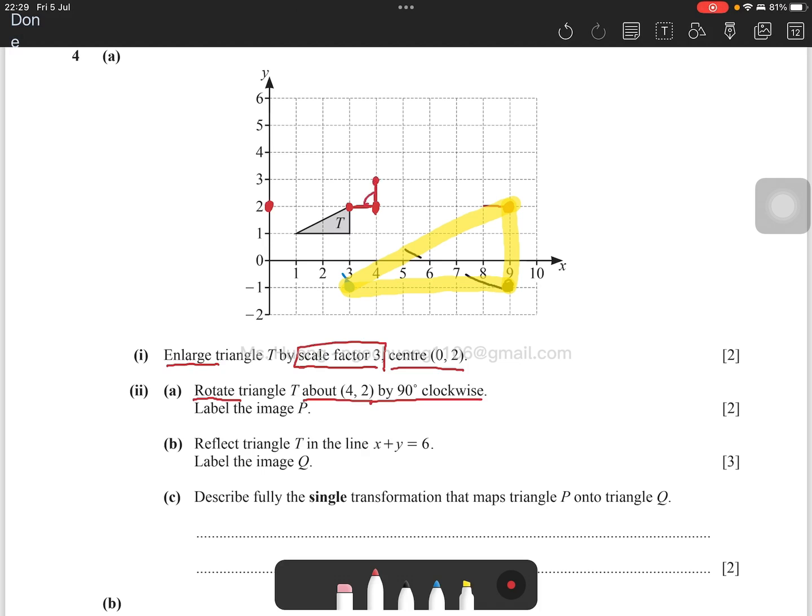This is 90 degrees clockwise. Similarly, we also rotate this blue vertex 90 degrees clockwise, so it will be here. And finally, for the black vertex, we also rotate 90 degrees clockwise, so it should be here.